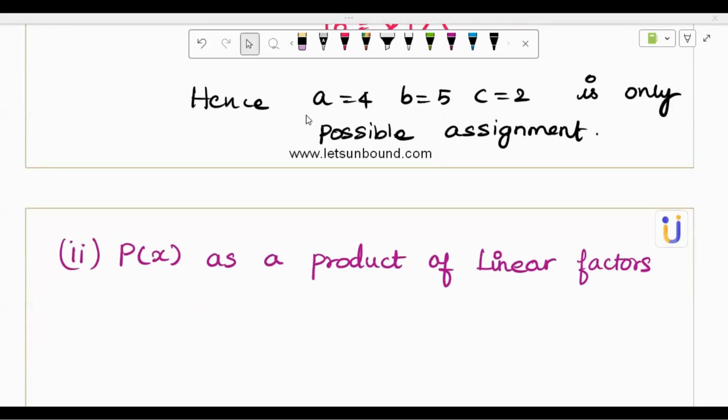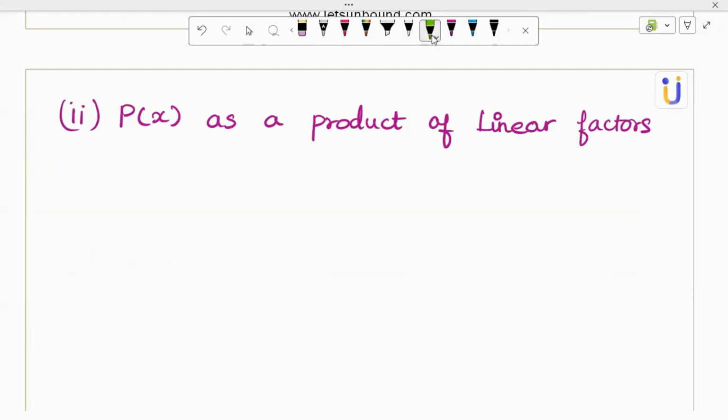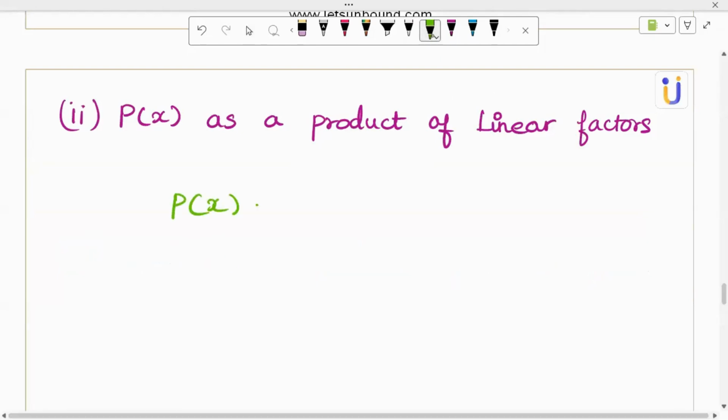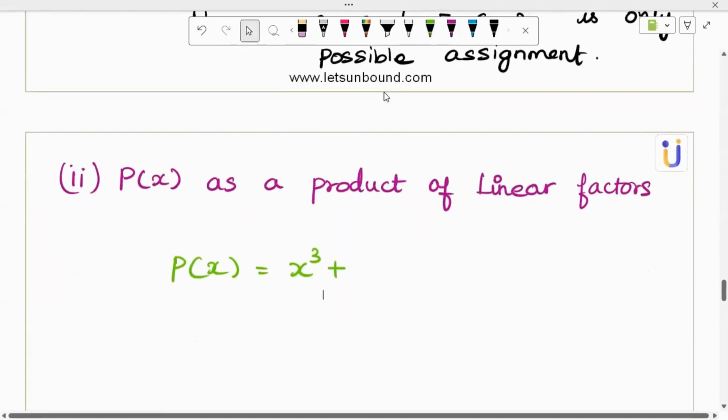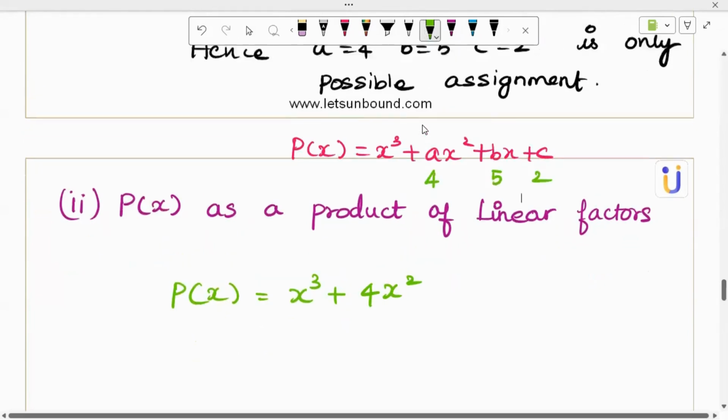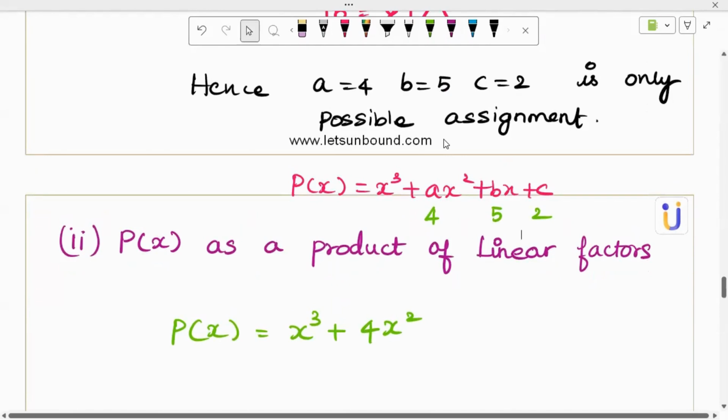So, second part: P of X we need to express as a product of linear factors, the third part, right? P of X is x cubed plus aX square plus bX plus c, and the only possible values are 4, 5, and 2. So x cubed plus 4x square plus 5x plus 2.